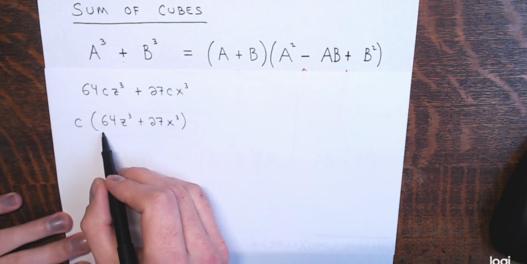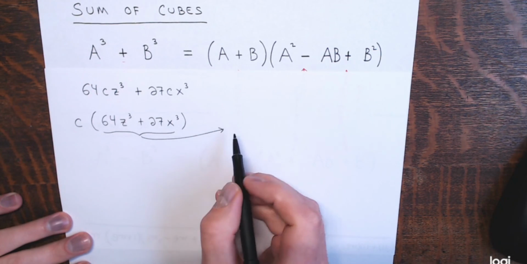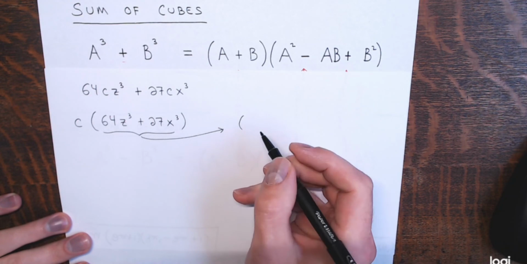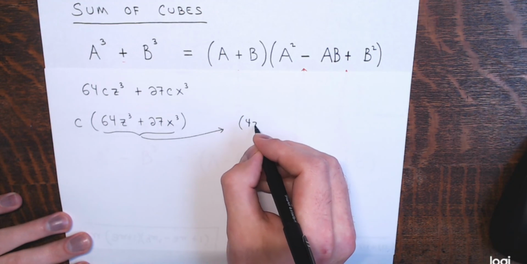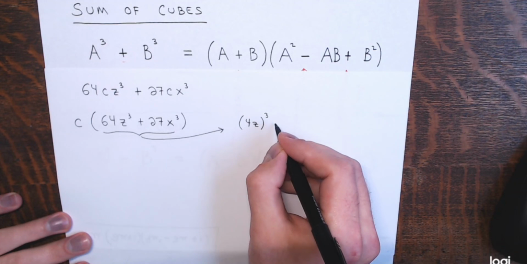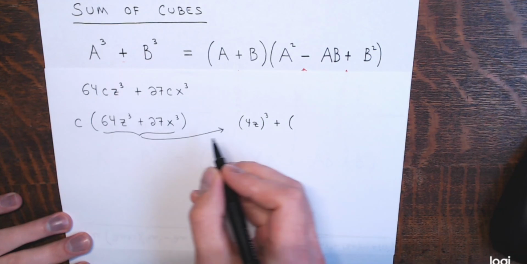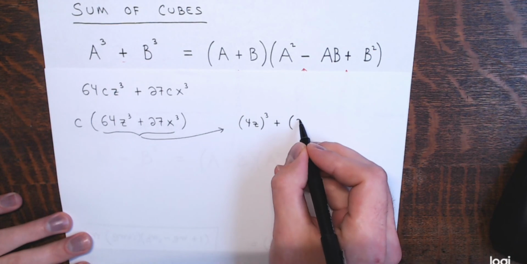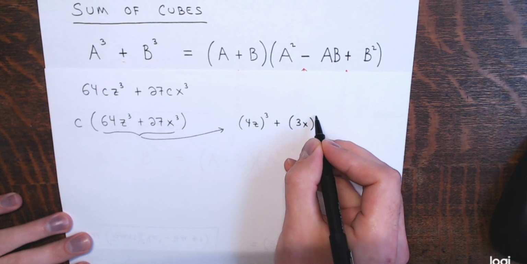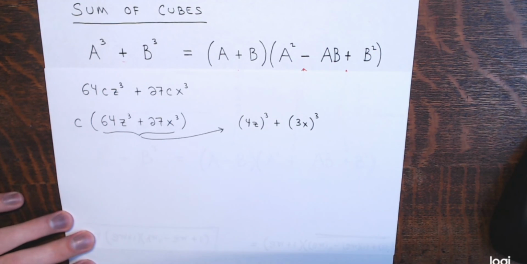This polynomial is a sum of cubes. 64z cubed would be 4z to the third power plus 27x cubed, which is 3x to the third power. So there's your sum of cubes.